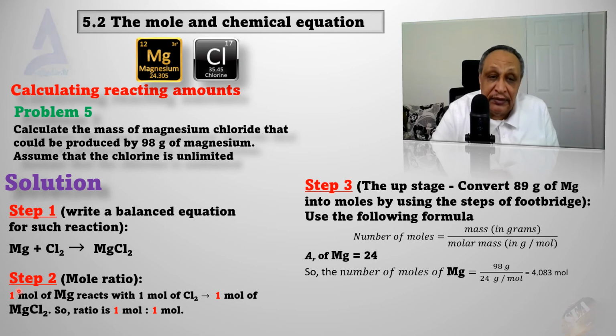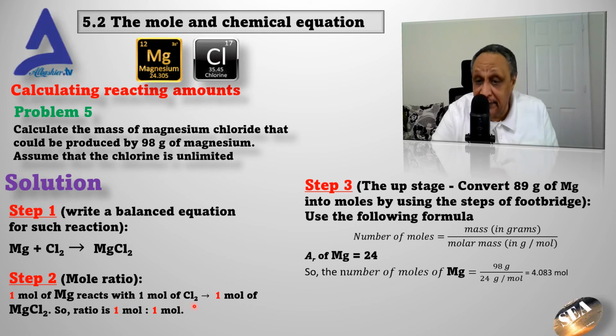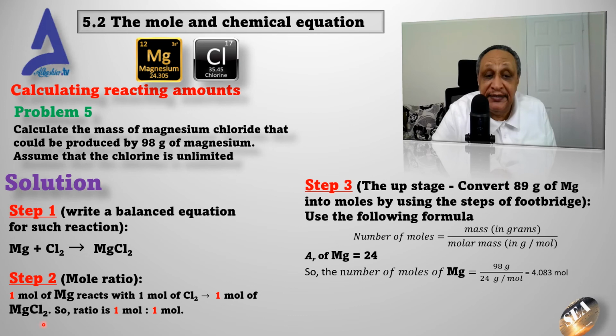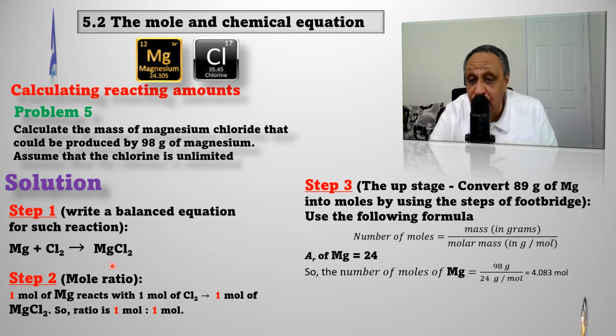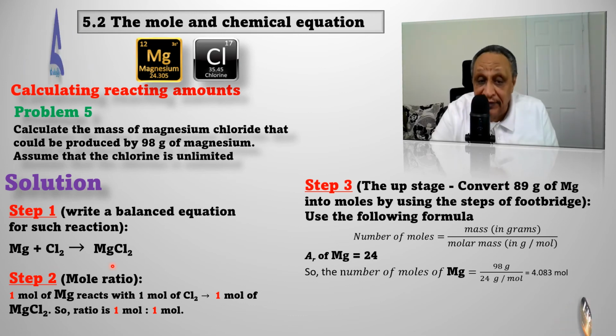Now, step 2 is the mole ratio. Determine the mole ratio. 1 mole of magnesium reacts with 1 mole of chlorine and produces 1 mole of magnesium chloride. So the ratio between the magnesium and magnesium chloride, the element and compound of interest, is 1 to 1.